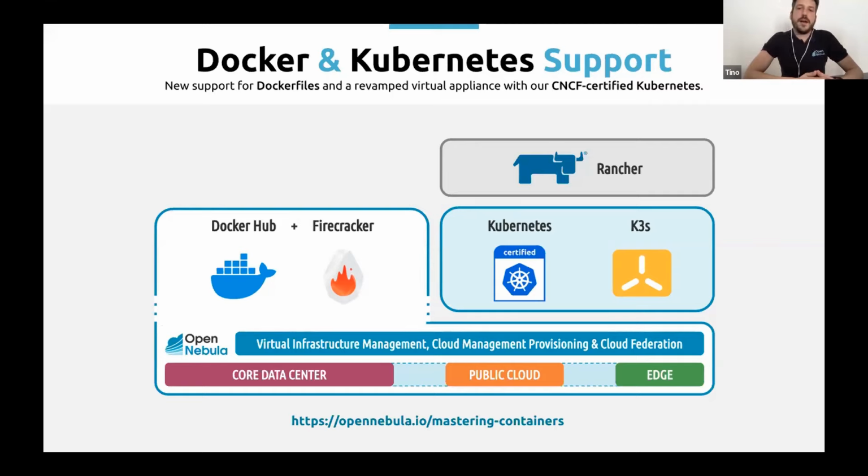In case you need Kubernetes, we also support the ability to deploy and manage Kubernetes clusters, either with the regular Kubernetes or with K3s. And obviously you can also have upper layers for these Kubernetes clusters, like for instance, Rancher.